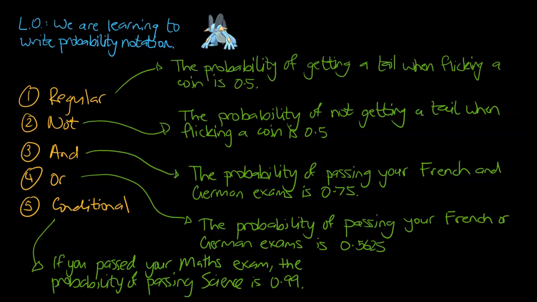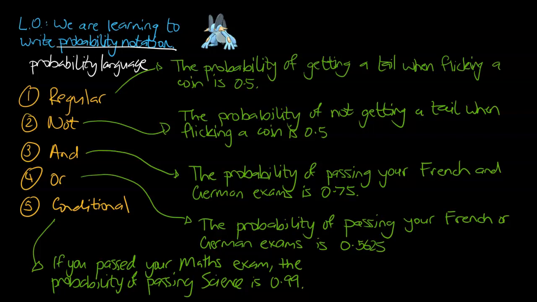But back to our learning objective of probability notation. The idea of notation, it's the language that we use when we're dealing with probability. So I guess another way to put it is it's our probability language.